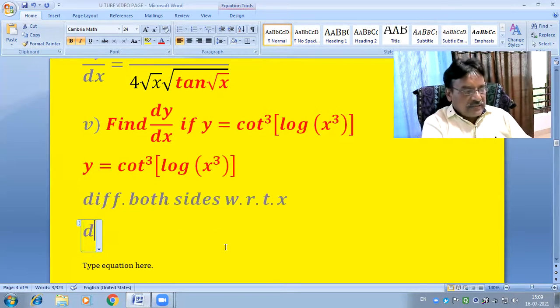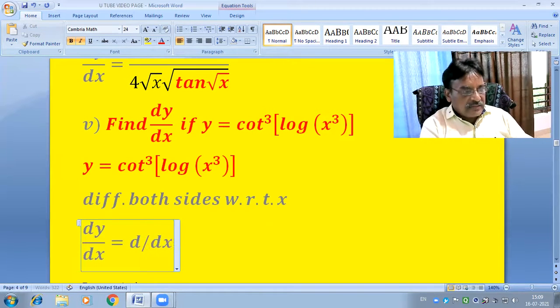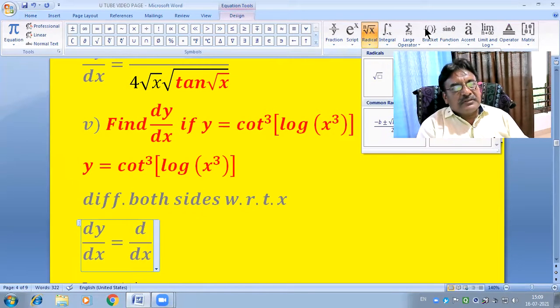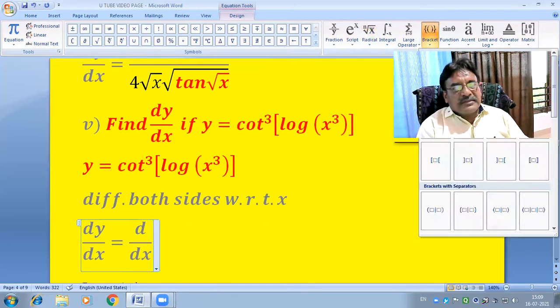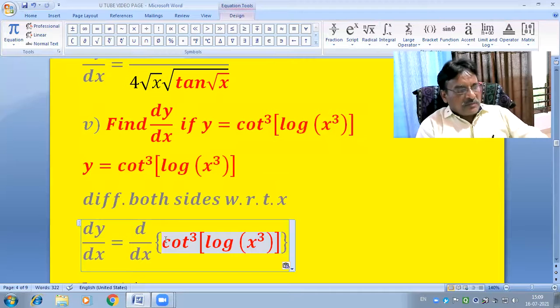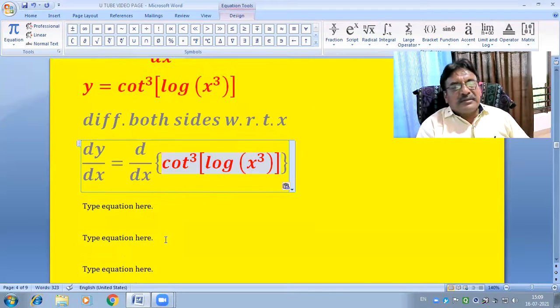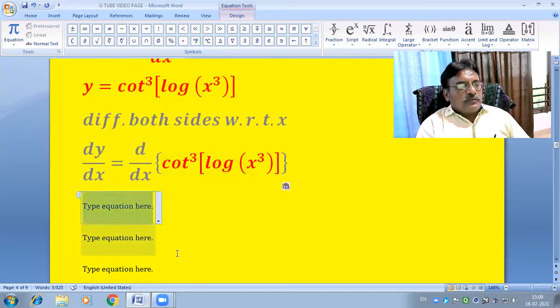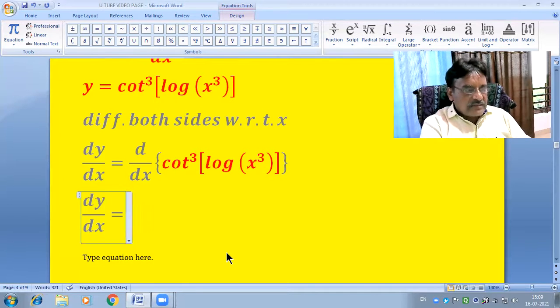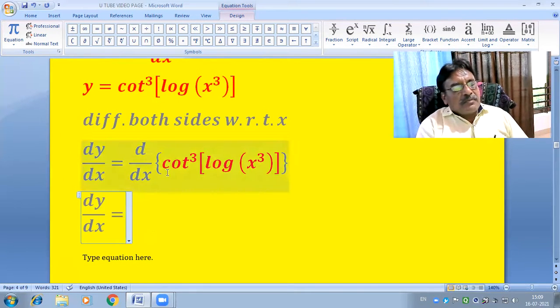So we get dy by dx equal to d/dx of the right hand side function, that is d/dx of cot cube log x cube. Therefore, dy by dx is equal to d/dx of cot cube log x cube.